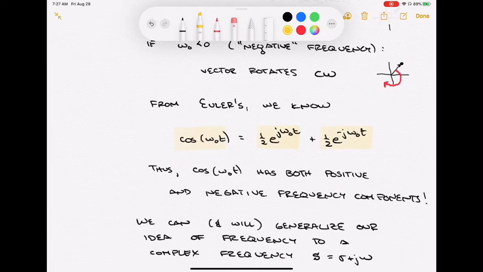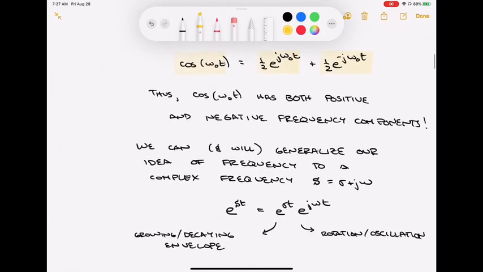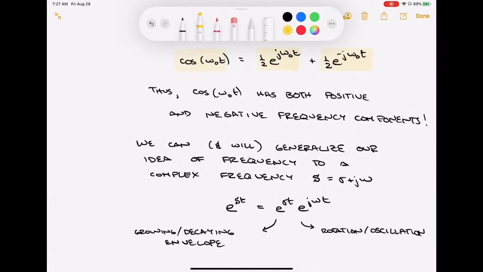The other is a negative frequency exponential, a frequency minus omega naught. So those two guys working in concert, right, create that overall cosine. Basically, the imaginary parts, because those two are conjugates, end up canceling, and we're left with just the real part, and that real part we know to be cosine. So if we think about cosine omega naught t, it has both positive and negative frequency components when we define frequency as meaning this complex exponential content.